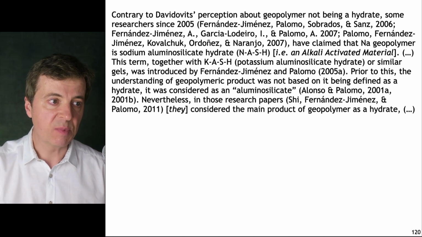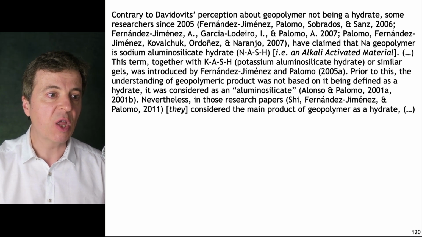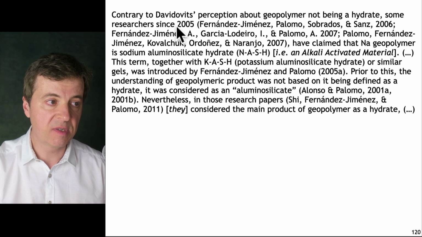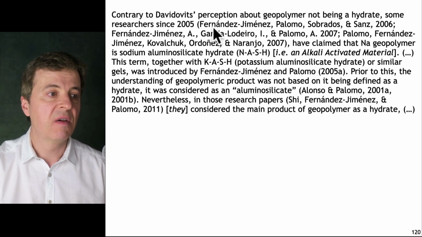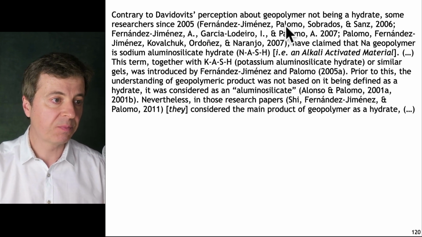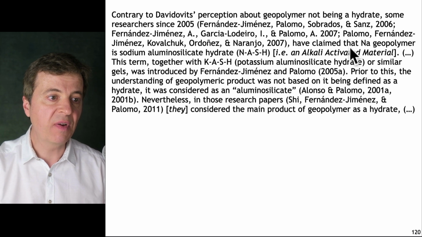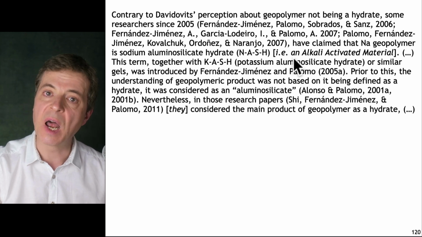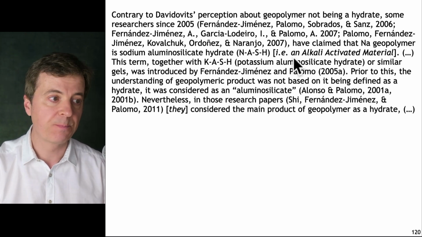Contrary to Davidovits's perception about geopolymer not being a hydrate, some researchers since 2005, Fernandez Jimenez, Palomo, and the like, have claimed that sodium geopolymer is a sodium aluminosilicate hydrate, NASH, meaning it's an alkali activated material.